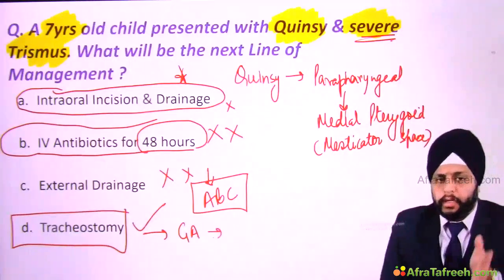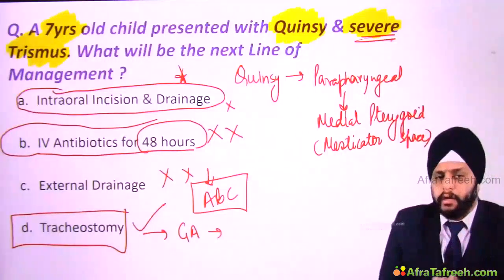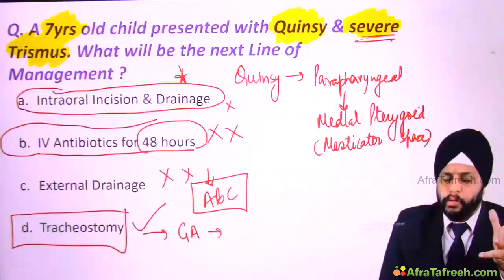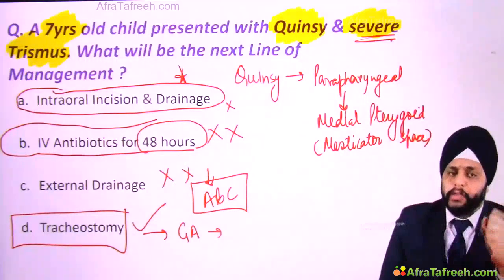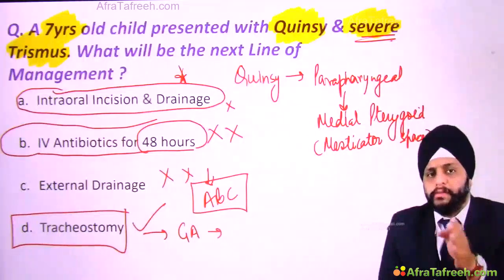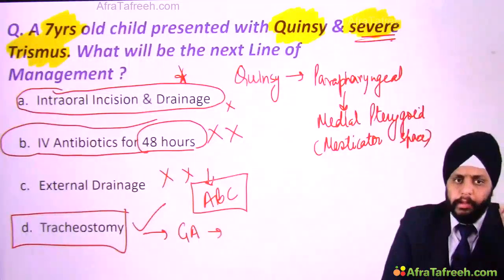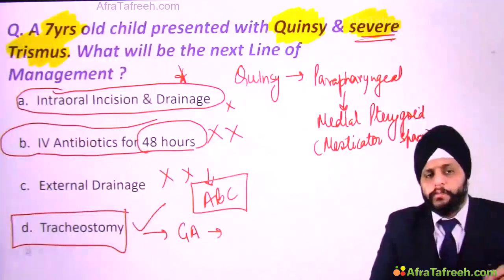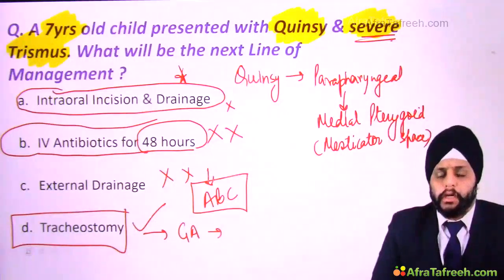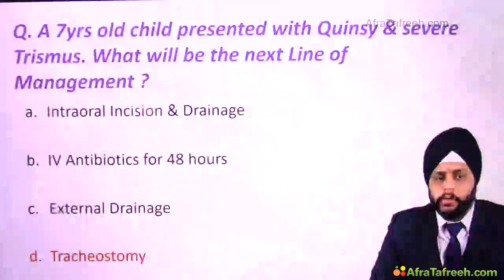When he gives general anesthesia, he will also give muscle relaxant, and when he gives muscle relaxant, you can open the mouth. So under general anesthesia, you can also do intraoral incision and drainage. Right? So the first step for management of this patient is going to be tracheostomy. You can proceed further only after doing tracheostomy.